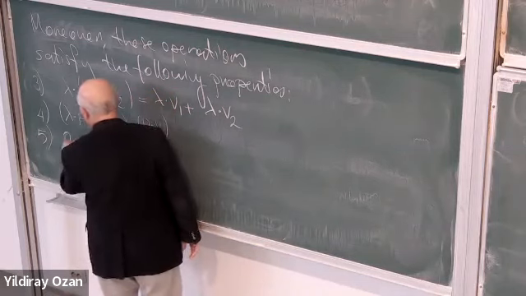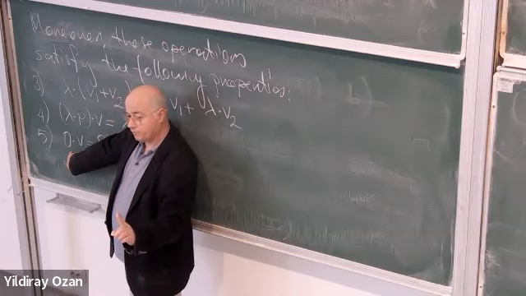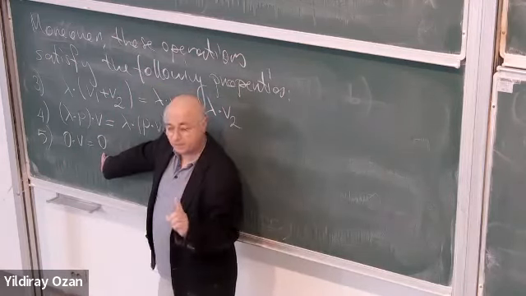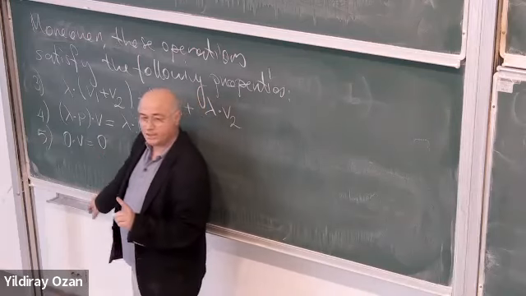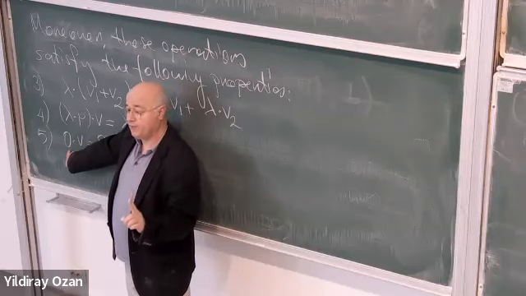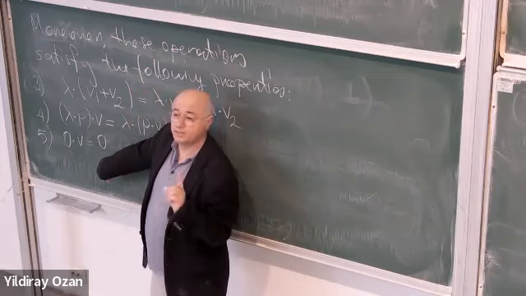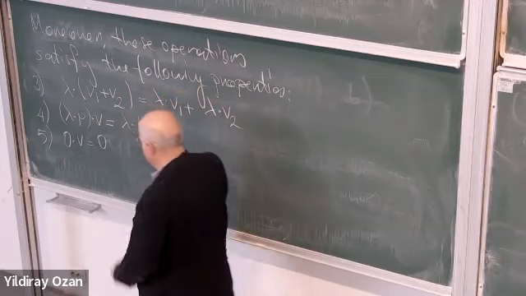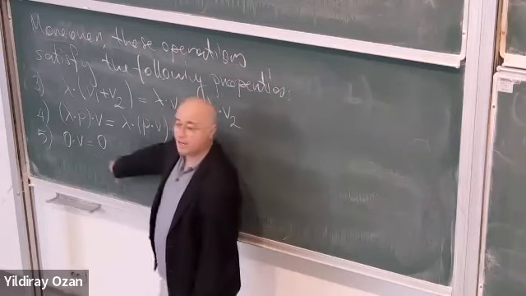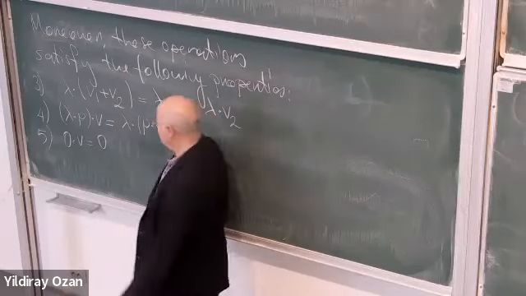So 0 times B should be 0. This is the 0 element of the field. This is the 0 element of the vector space. So there are different zeros. But what it tells you is, if you multiply the 0 element of the field with any vector, you end up with the 0 vector in the vector space. I guess we can prove this. So this is not actually an independent assumption or property.